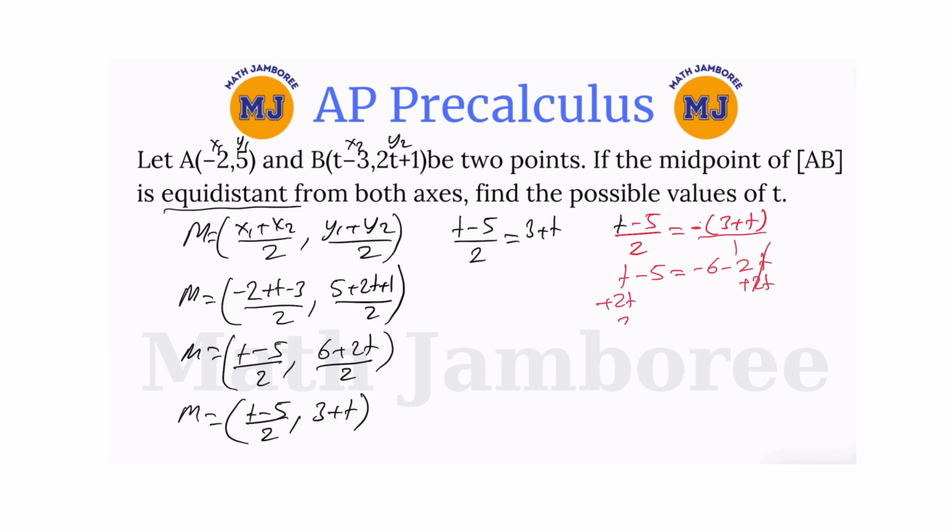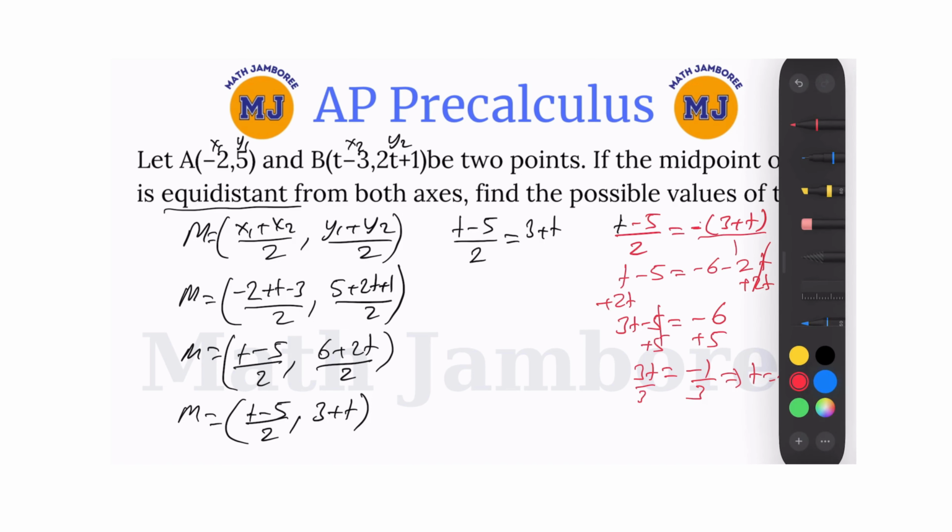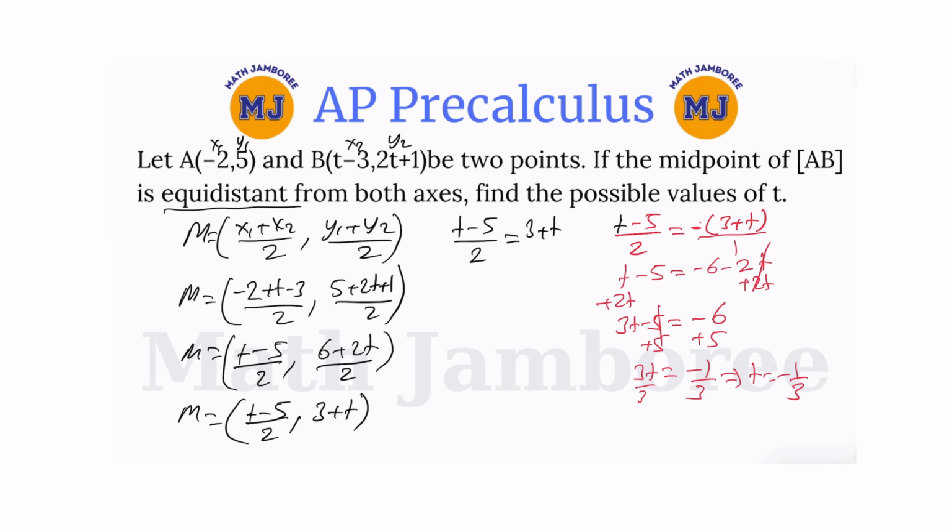So 3t - 5 is equal to -6. We add 5 to both sides. So 3t is equal to -1. In this case, t will be equal to -1/3.